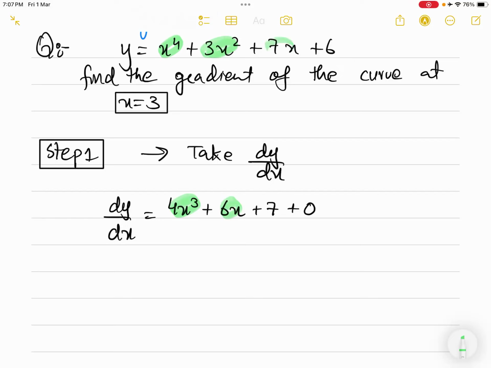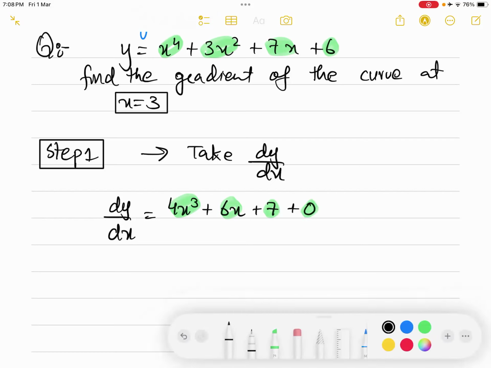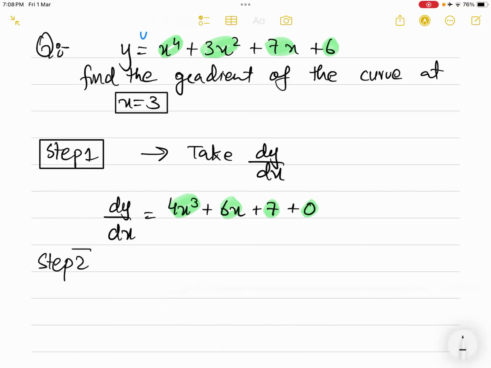The derivative of the linear term is a constant and the derivative of the constant is equal to 0. Step 2 is put value of x. Now put value of x, that would be 3.